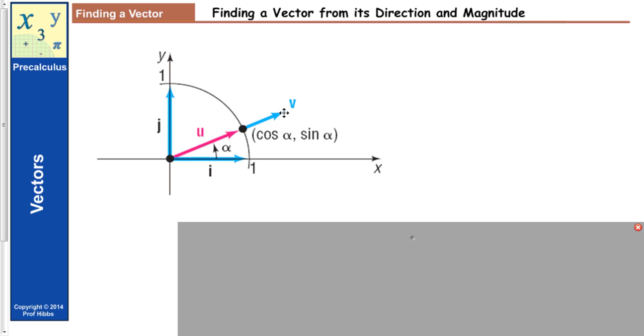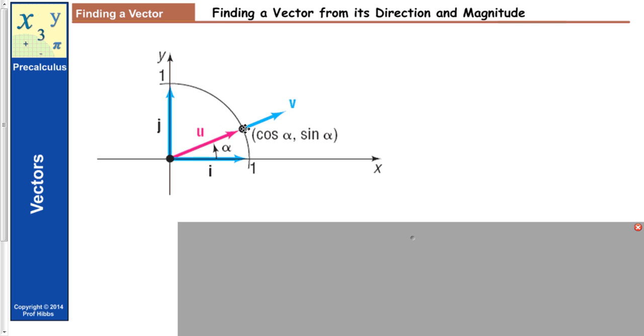That's the vector v. Now, of course, there is a unit vector that is in the same direction as that vector v, and that's named u. So we're thinking, okay, this distance along here for u is 1. It's a unit vector.